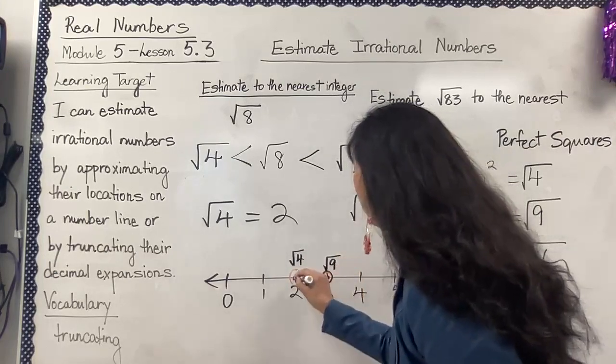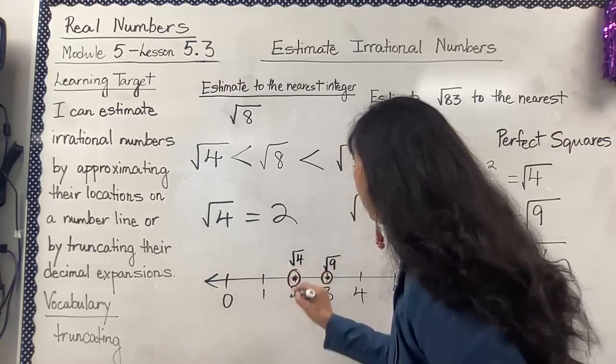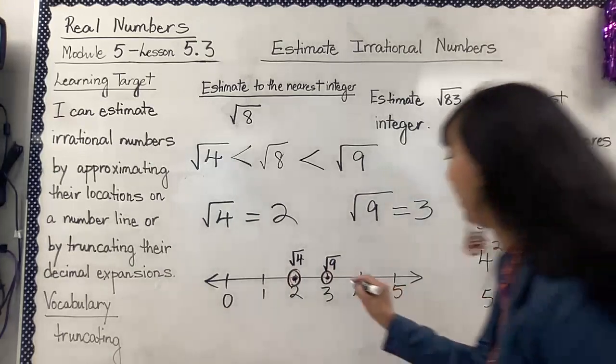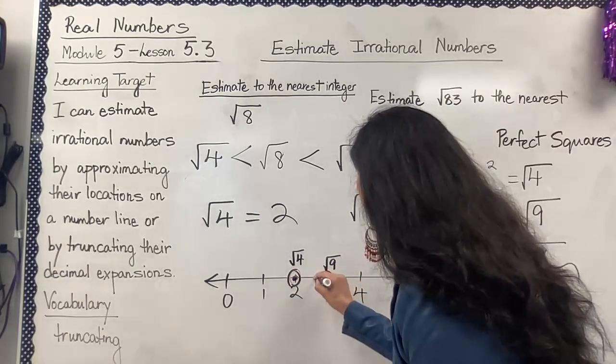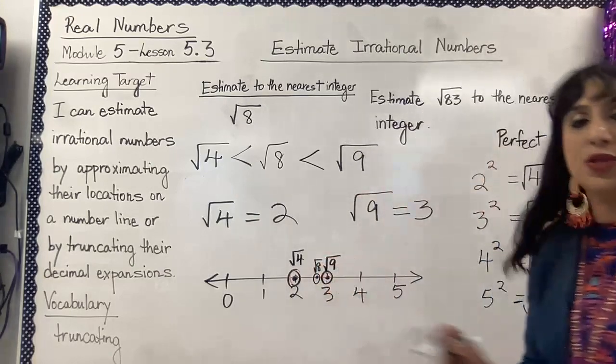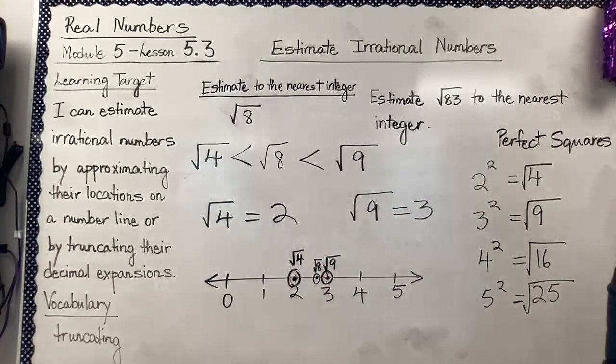Let me just make it with the black. You can see it better then. All right, here we go. And so if I'm looking at the square root of 8, it's going to be somewhere here. This is going to be the square root of 8. Obviously, that's going to be closer to the square root of 9. I'm just showing this to you on the number line.